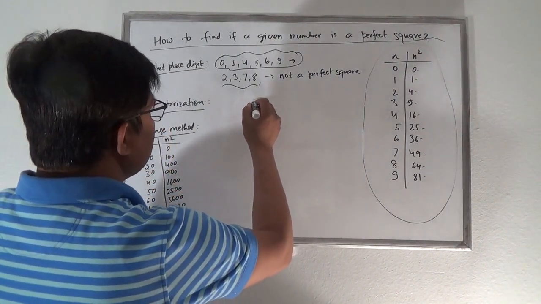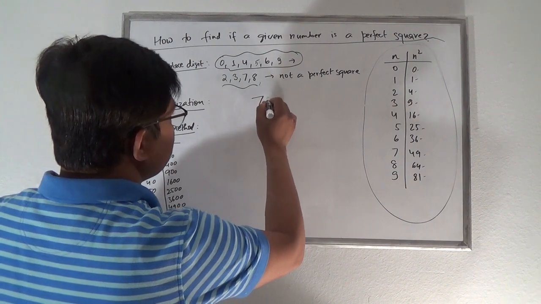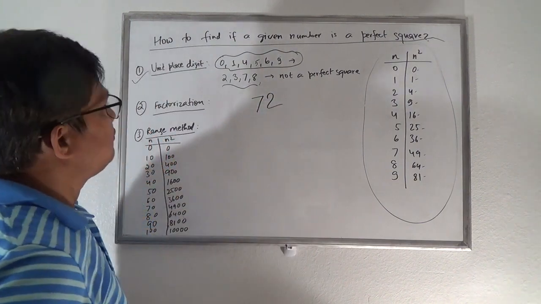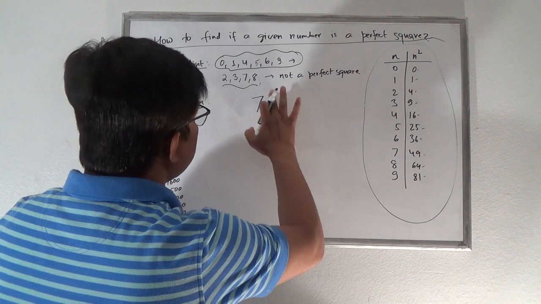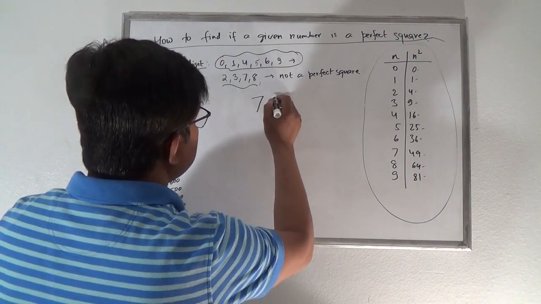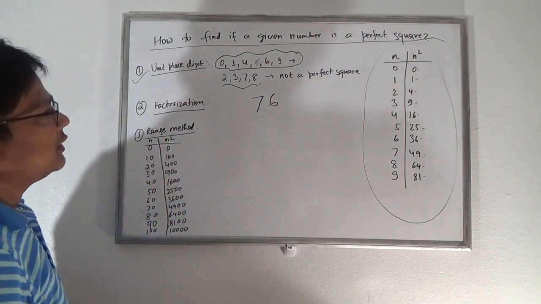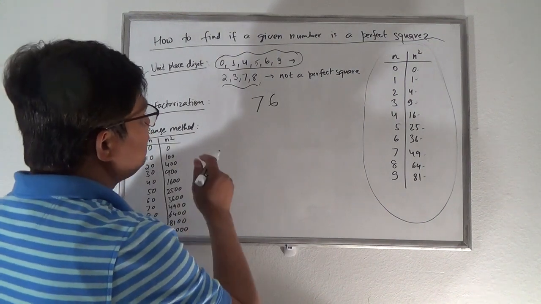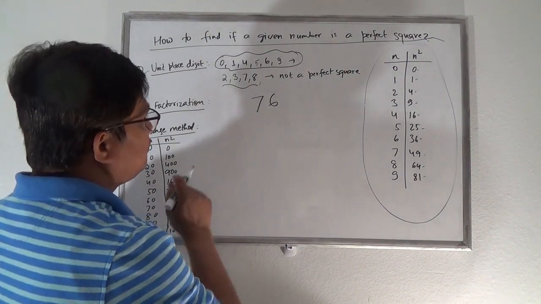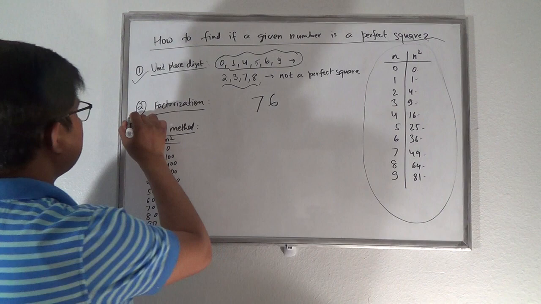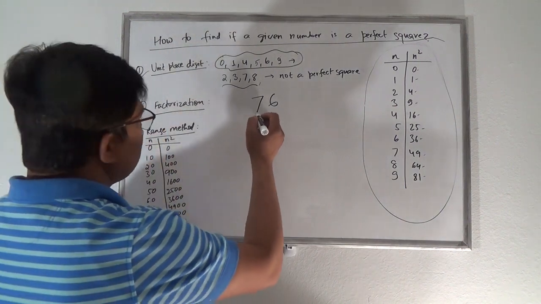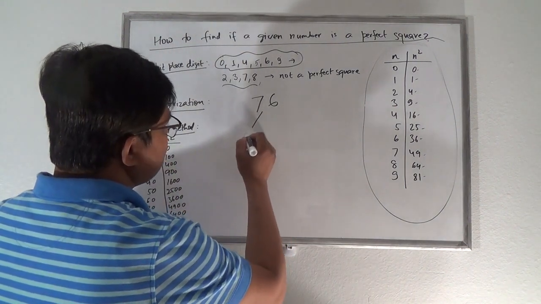I give you another number, let's say 72. Again, wrong example, let's take 76. How do we find out if this number is a perfect square or not? We can use this method. Start with finding all the factors.